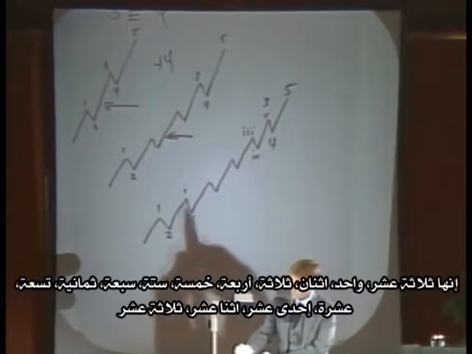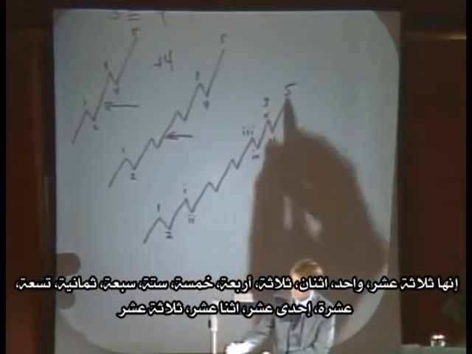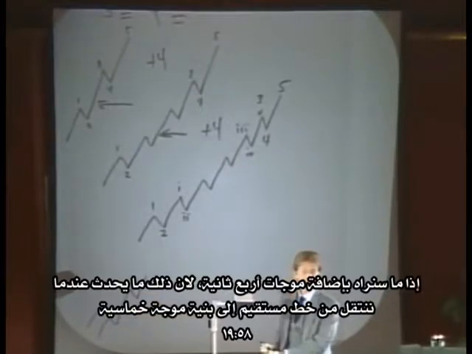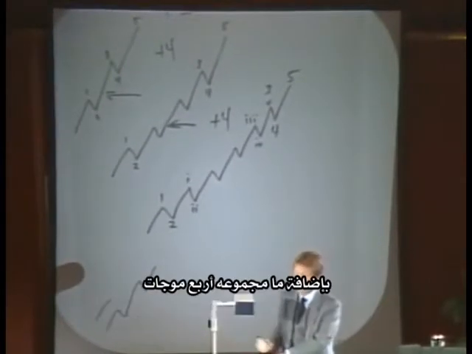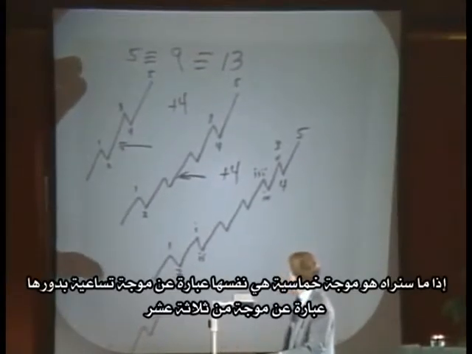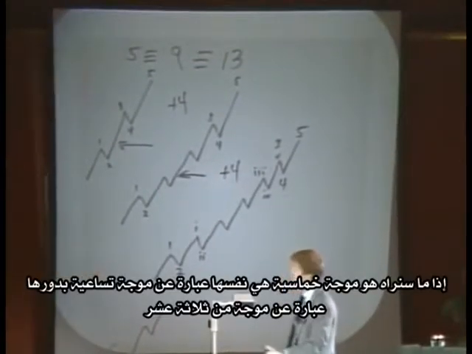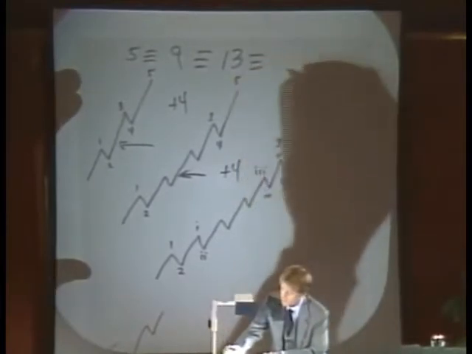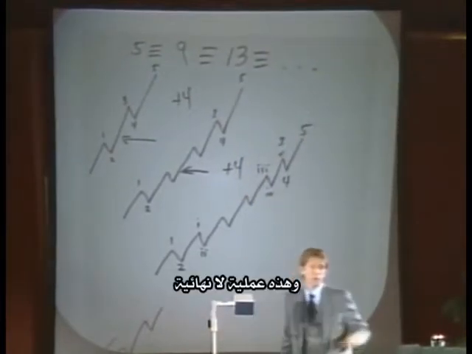Well, there are 13. 1, 2, 3, 4, 5, 6, 7, 8, 9, 10, 11, 12, 13. And what we see by adding 4 waves again, because that's all you're doing when you're going from a straight line to a 5-wave structure, is adding a total of 4 waves. So what you see is that 5 waves carries the same message as 9 waves, which carries the same as 13 waves, and that works forever.